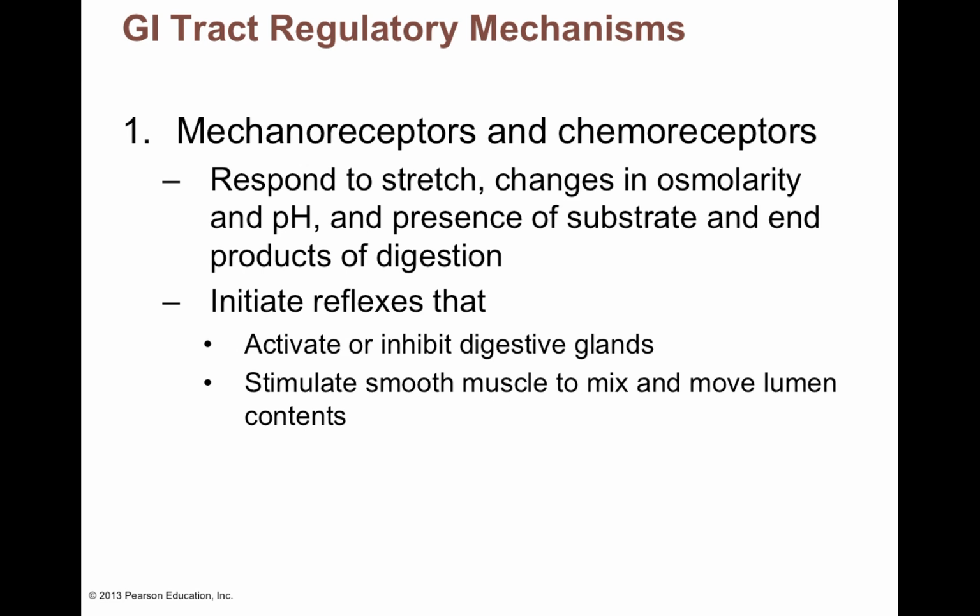Whether it's lipids or carbohydrates. And then it can also rely on mechanoreceptors for stretch, right? The stomach can sense when it's stretched. That way it can also coordinate digestion, right? And so these receptors play a pretty important role.